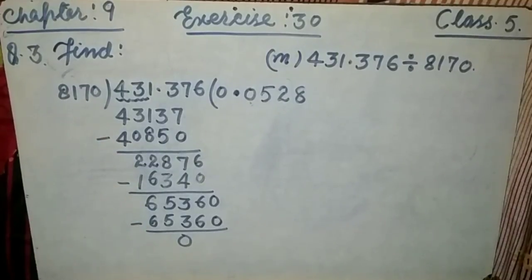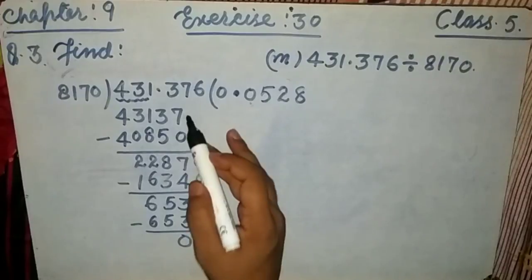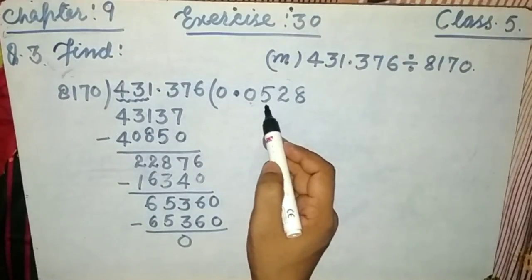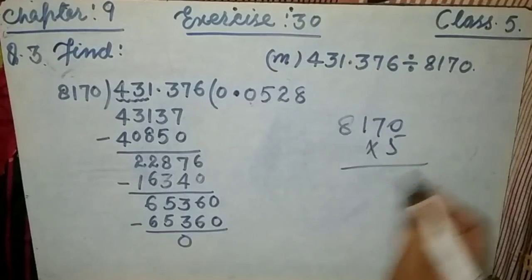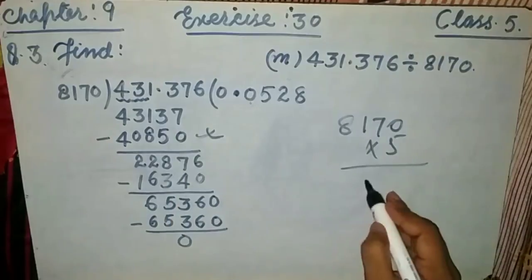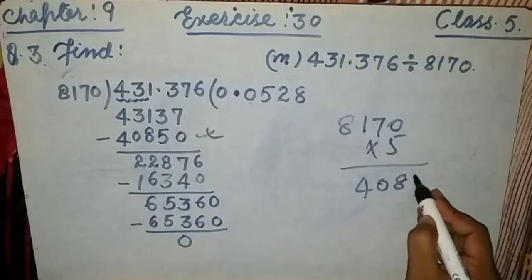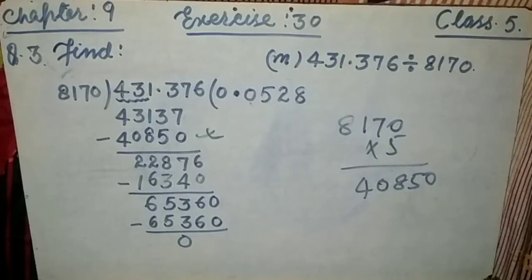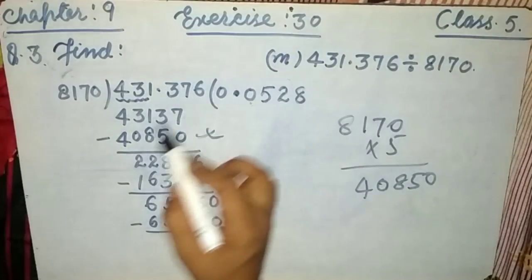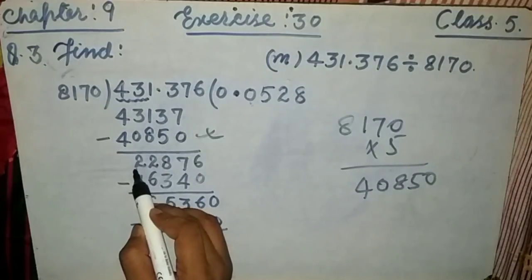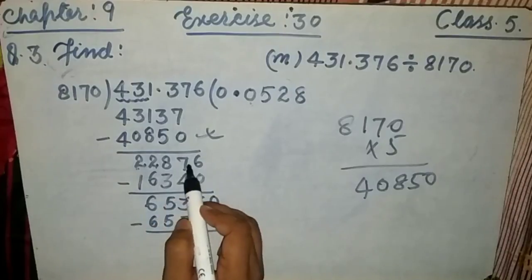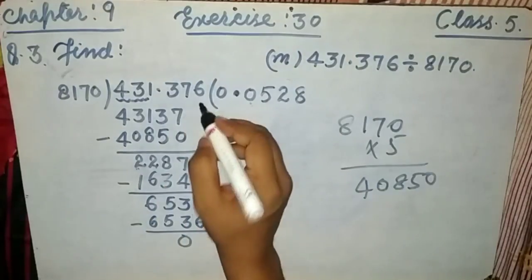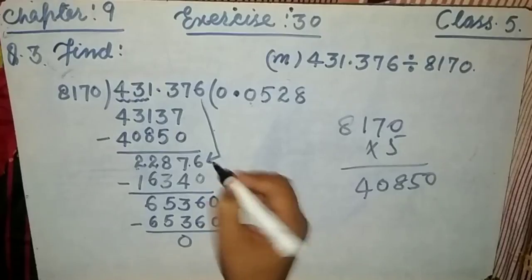Now see friends, we read the table of 8170. How many times will get this number or less than this? That means 5 times. If you multiply 8170 by 5, we will get 40,856. So this is why we have written 5 times. Now subtract and we get 2287, and then we write down the 6.